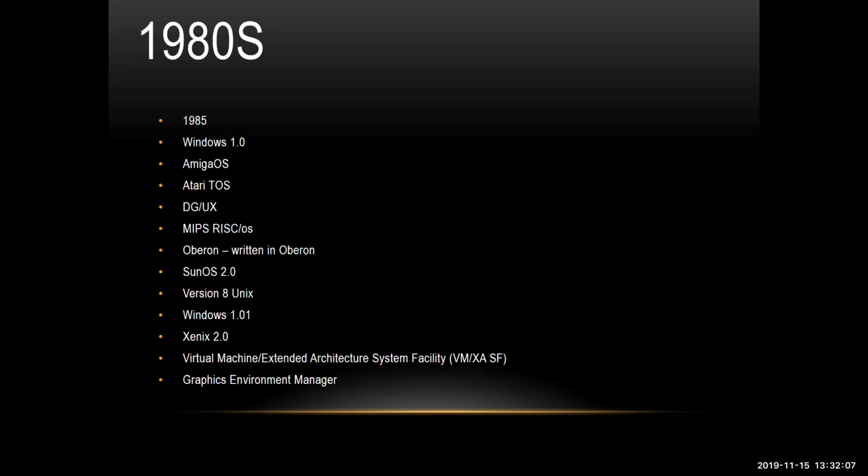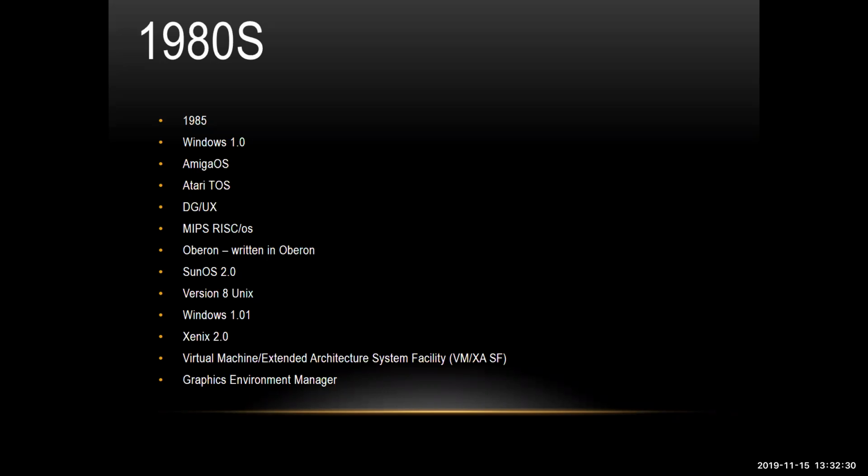And then we had the Oberon system. It is a modular, single-user, single-process, multitasking operating system written in the programming language of the same name. It was originally developed in the late 1980s at Zurich.